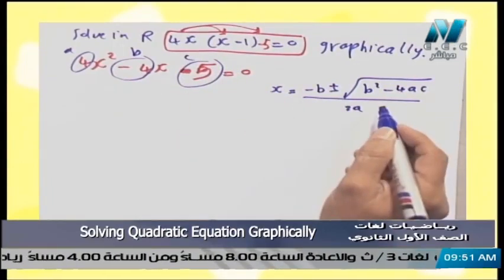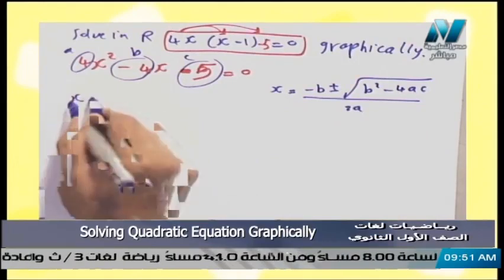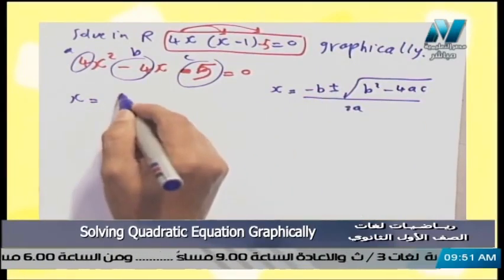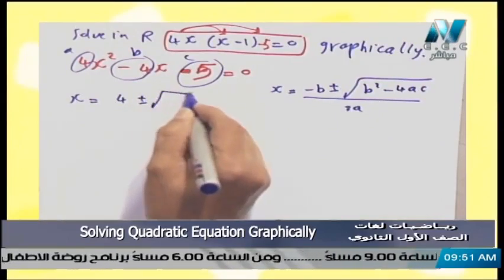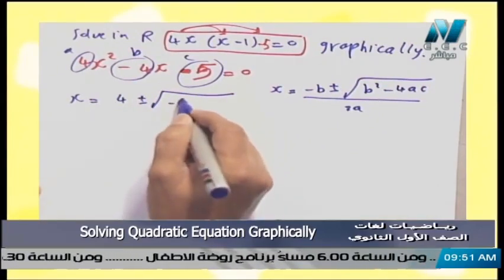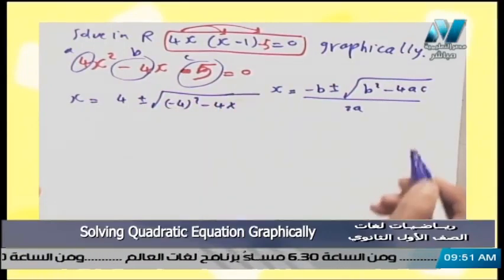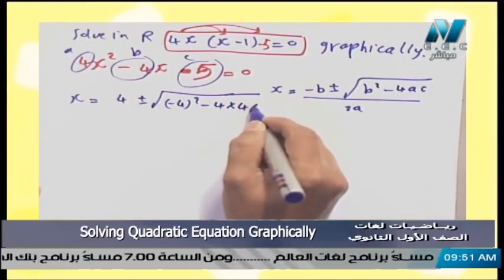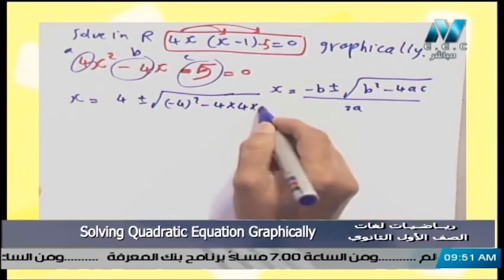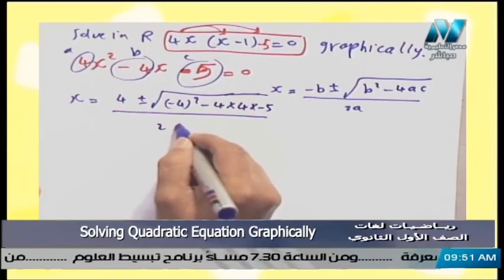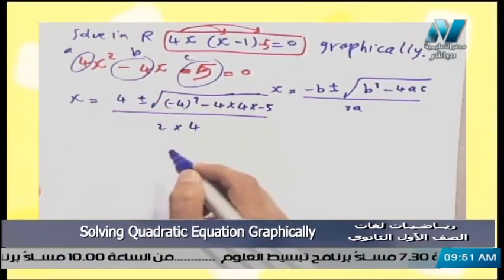And by direct substitution here, x will be negative b, here is 4, plus or minus square root of b power 2, meaning negative 4 power 2, minus 4 times a, which is 4, times c, which is negative 5, and all of them over 2 times a, which is 2 times 4.